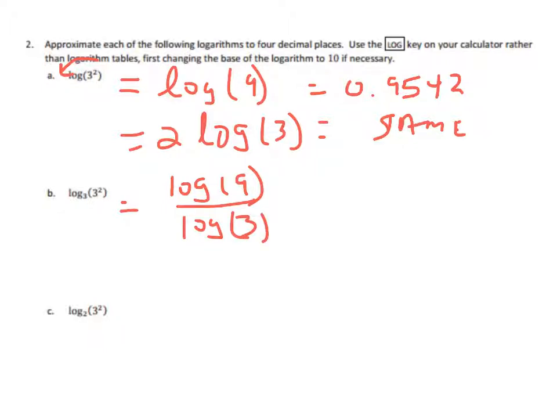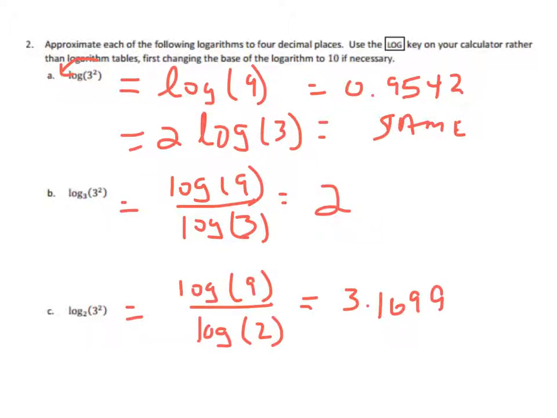If I do the math here, it will come out to be the whole number 2, using the calculator. Remember, close those parentheses. If you don't close them on this one, you're going to do the log of 9 and divide it by 3, and it's not going to be the same thing. You need the log of 9, close the parentheses, divided by the log of 3. The last parentheses you don't have to close. Try the next one real quick and then check your answer with me.